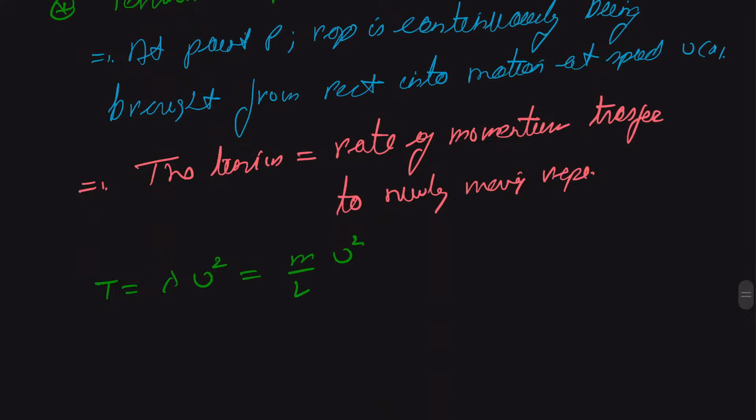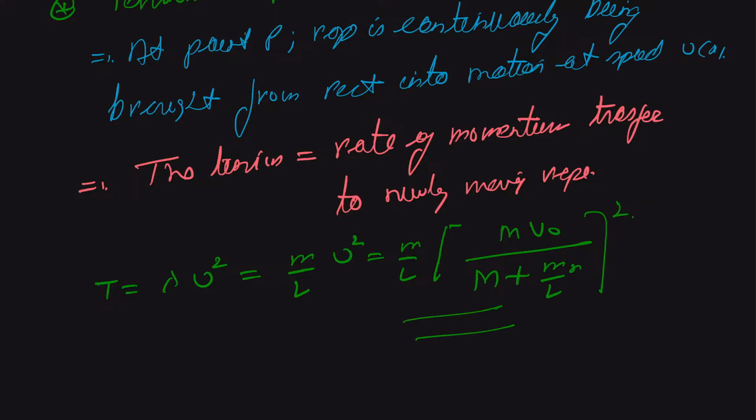So we substitute it, and we get M upon L times (M v naught upon (M plus mlx)) whole squared. There is no need to solve it further, we can just keep it as it is. So this will be the tension in the rope at point P.